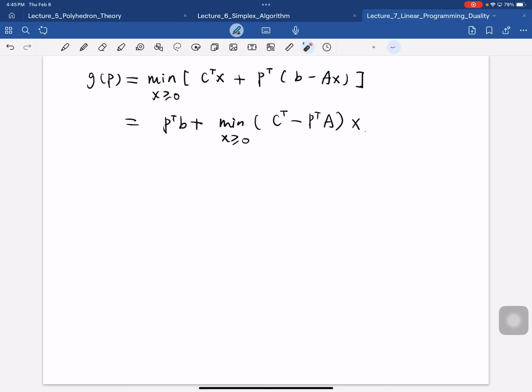So how do you write down this function in a closed form? It's minimizing a linear function, and the only constraint is x greater than or equal to 0. So first of all, let's think about one case: when is this minimization problem unbounded?